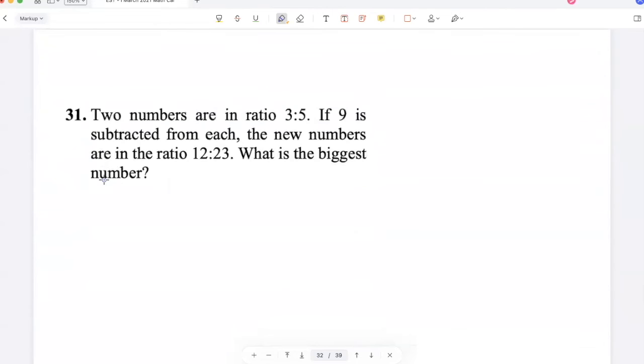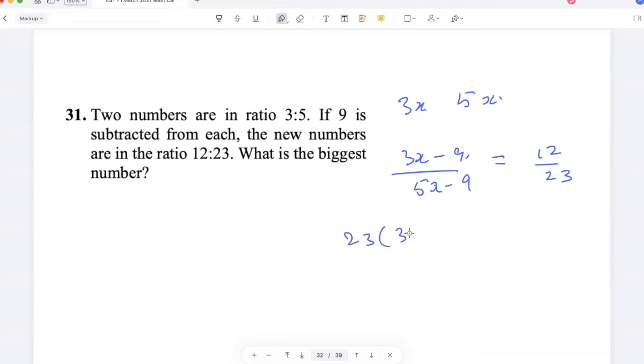Two numbers are in the ratio 3:5. If 9 is subtracted from each, the new numbers are in the ratio 12 to 23. What is the bigger number? Okay, so let the numbers be 3x and 5x. So (3x minus 9) by (5x minus 9) is 12 to 23. So let's cross multiply. 23 times (3x minus 9) is 12 times (5x minus 9).